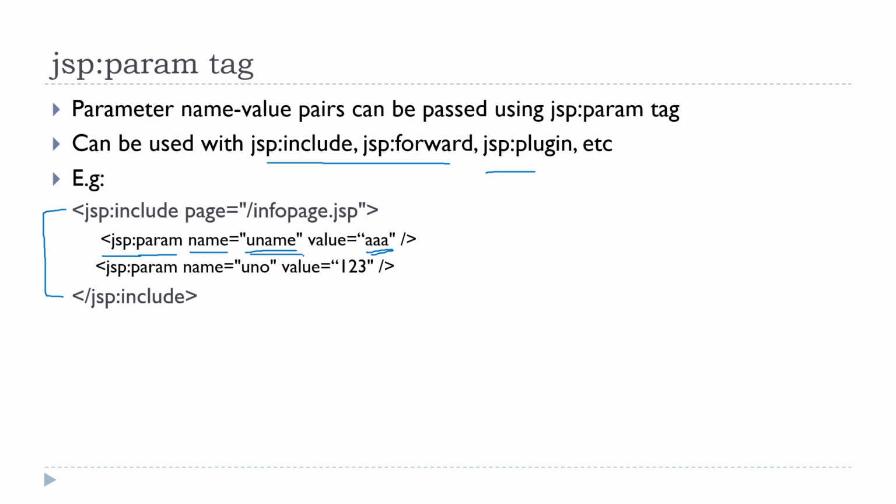So this is the parameter that we are passing, uname with the value AAA, and there is one more parameter that we are passing, which is user number, which has a value 123. These are the two parameters that we have passed to the info page.jsp, and the info page.jsp can now access these two parameters.